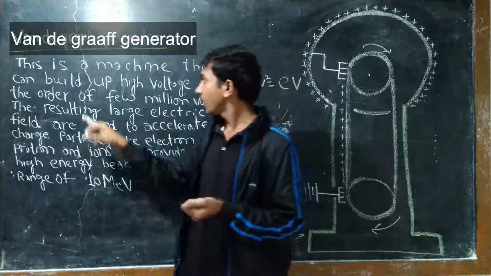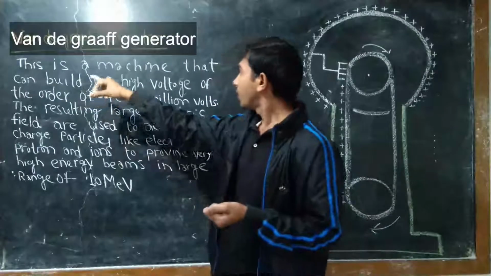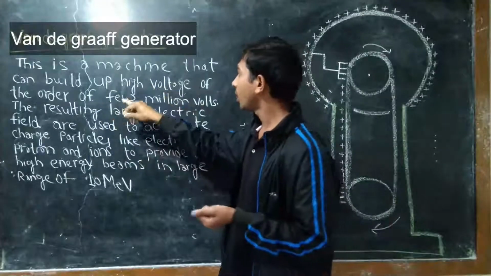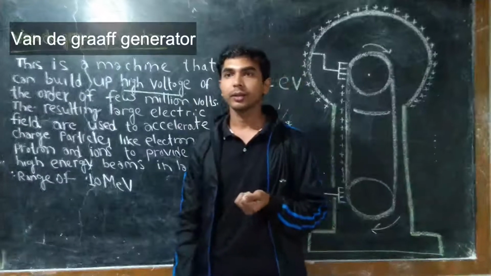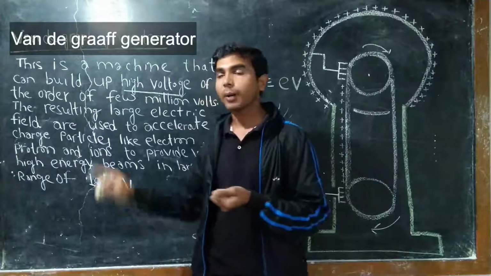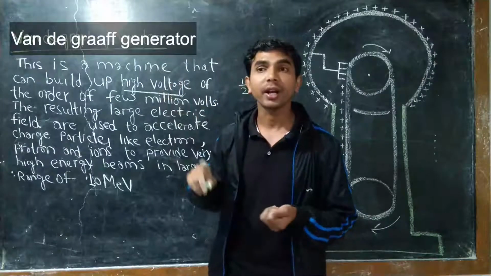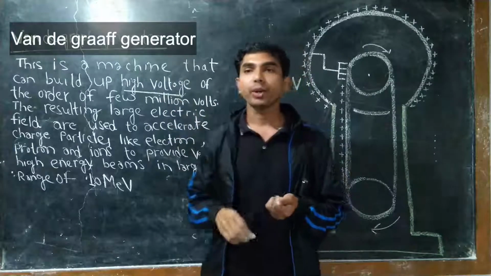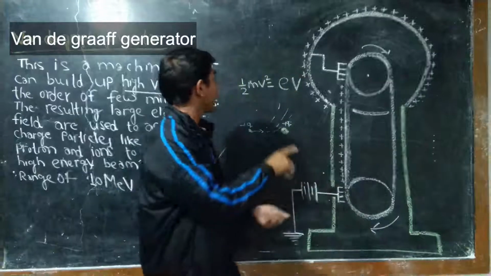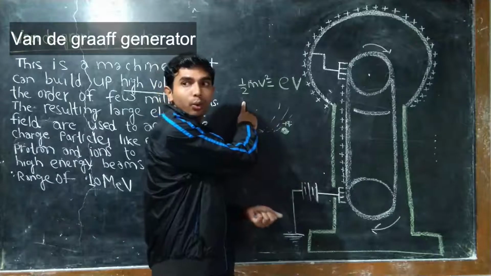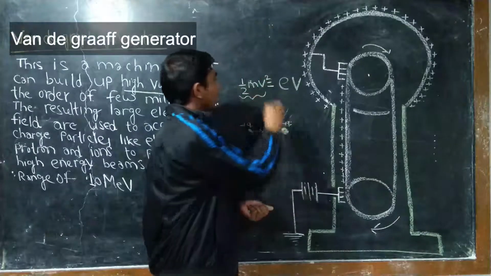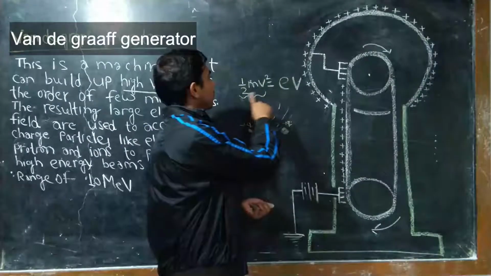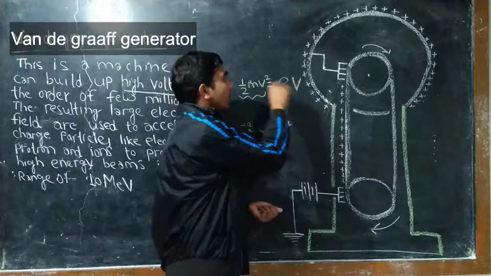First point, the Van de Graaff generator is a machine that builds up high potential. That means we are able to achieve our goal. But what is our goal? To get higher kinetic energy, and for that we require higher potential.